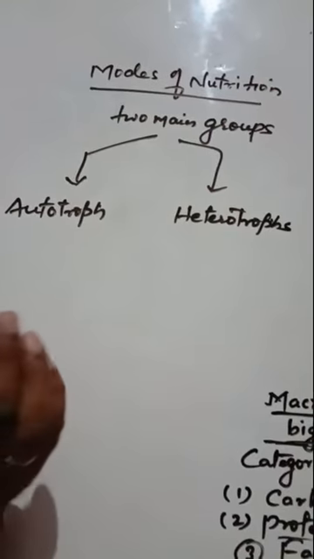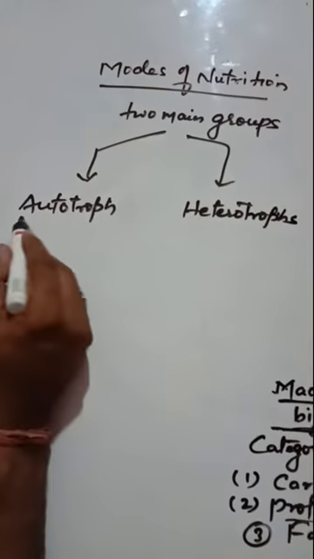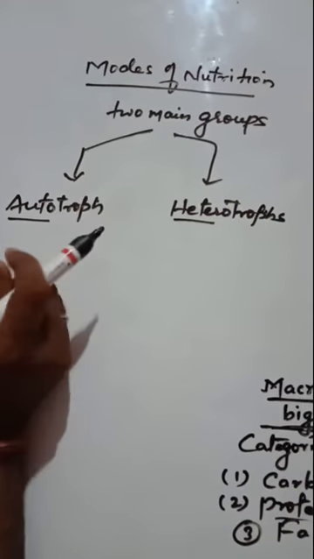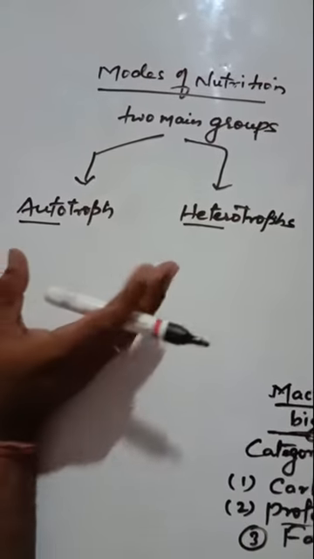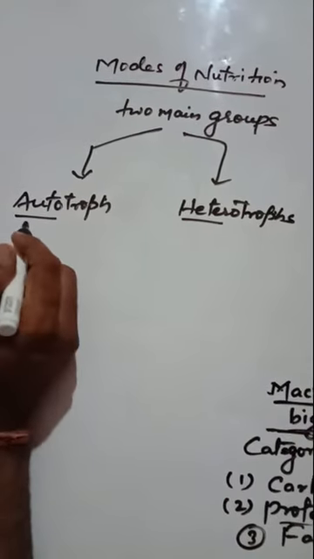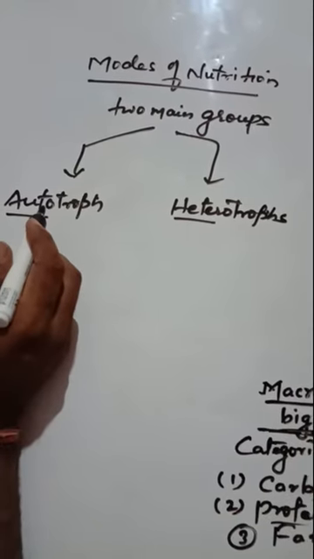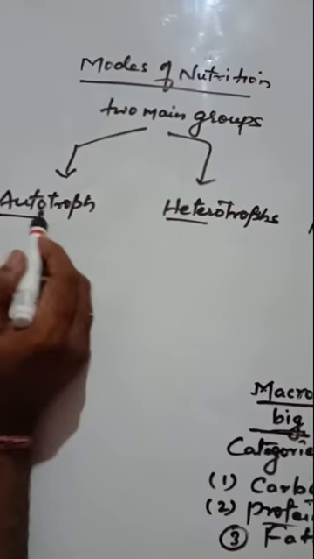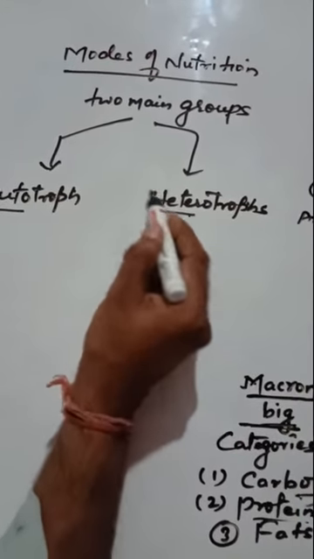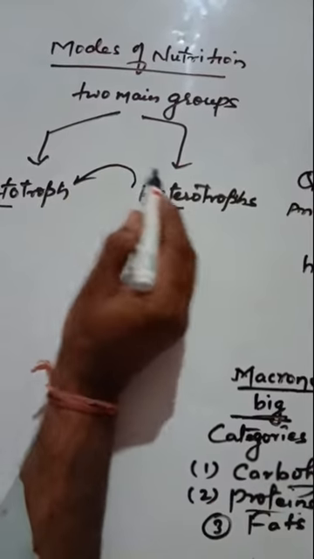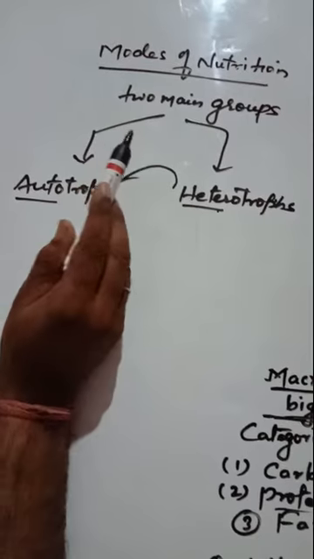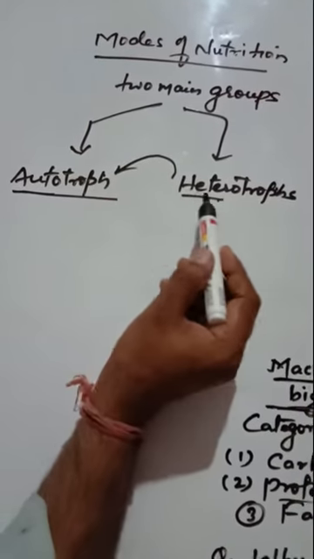Auto means self, hetero means different. The ones who can manufacture their own food with the help of sunlight, carbon dioxide, and other essential requirements are regarded as autotrophs. But heterotrophs can't manufacture their own food, so they depend directly or indirectly on the autotrophs. So the modes of nutrition are two, autotrophs and heterotrophs.